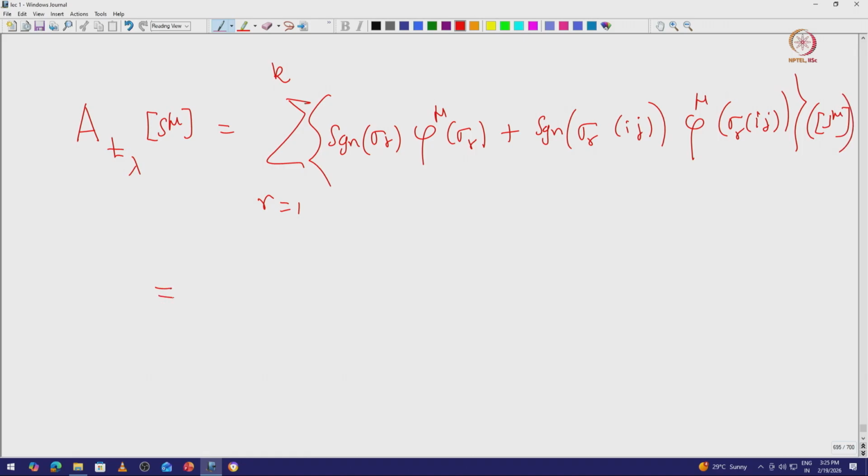Okay. So, now it is clear that the sine of this is going to be minus the sine of sigma R, and this ij is going to fix this S mu.